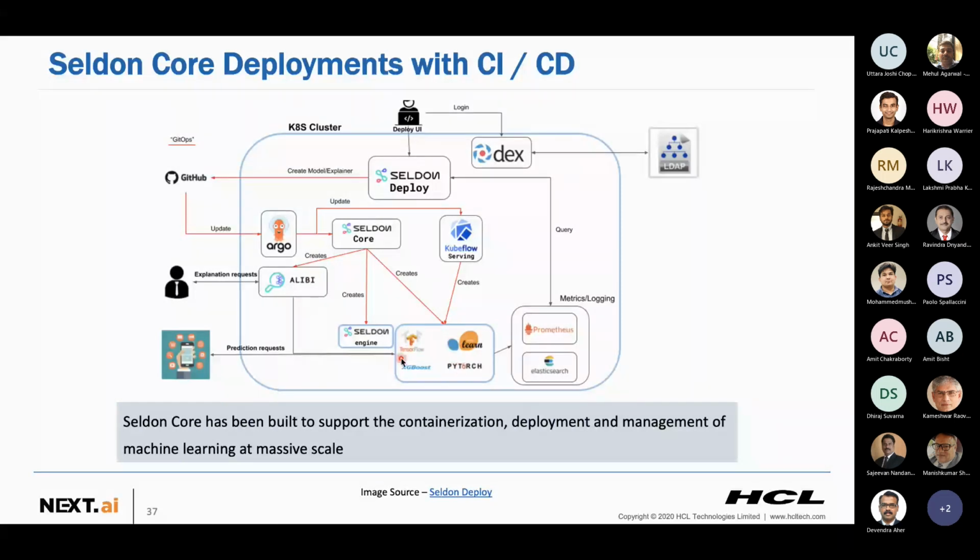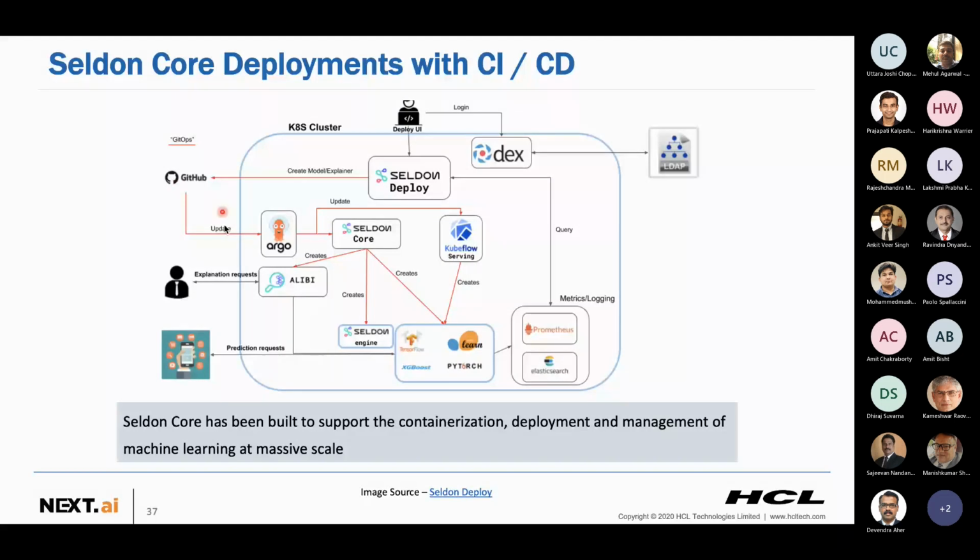Once these two models are deployed using Seldon Deploy into the Kubernetes cluster, we can also push the relevant code into GitHub, so that whenever some changes happen to either the prediction model or explainer model in the source code, we can continuously do the integration using GitHub Actions and deploy it using continuous deployment.